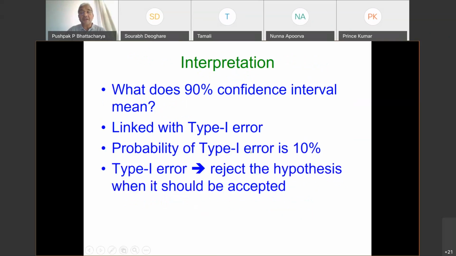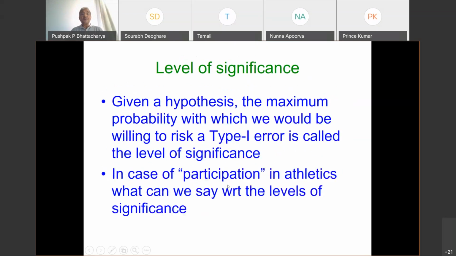The probability of type 1 error is 10% when the confidence interval is 90%. So type 1 error arises when we reject the hypothesis when it should have been accepted. Okay. So let's examine this for our problem.